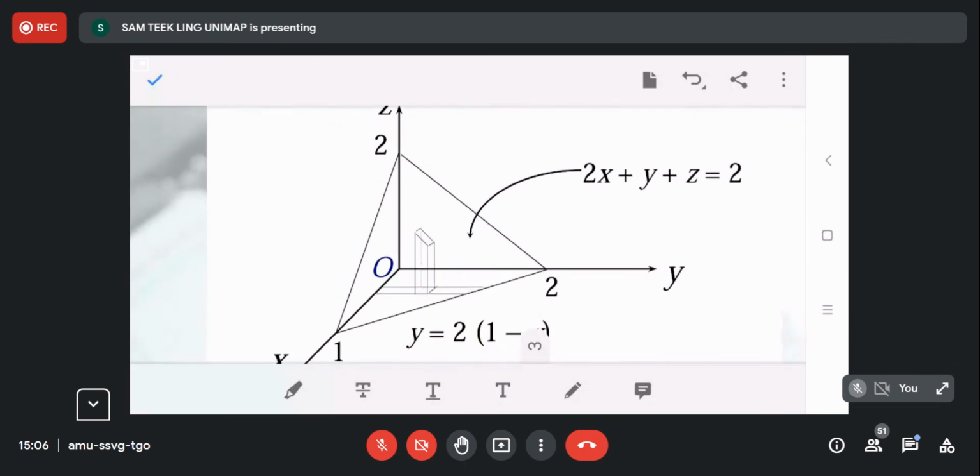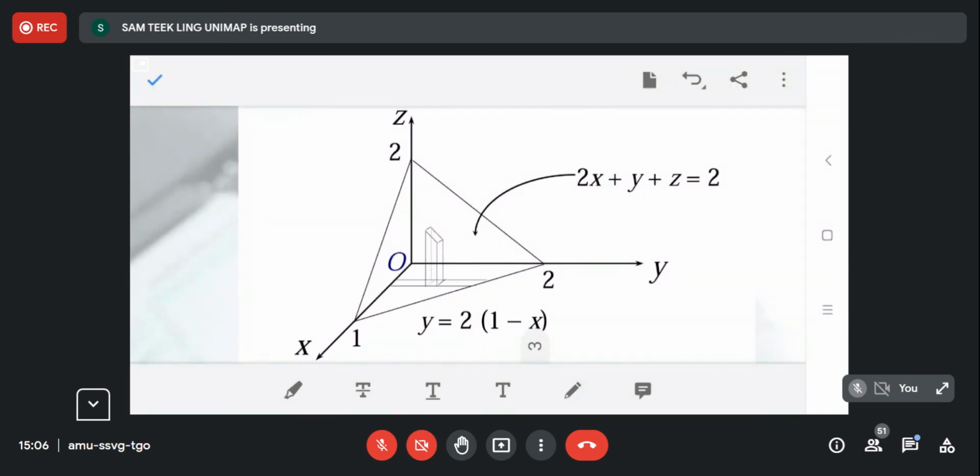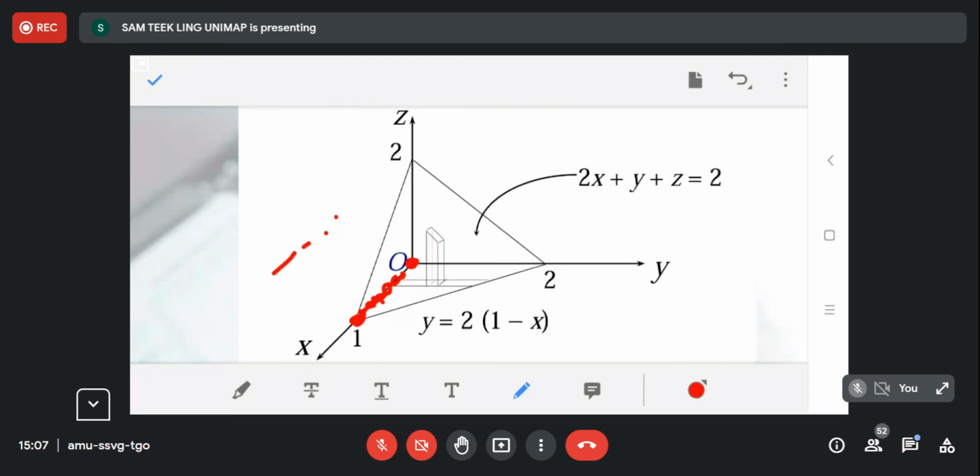First one is the line integral for your x, from 0 to 1. For the line integral, you connect all these dots, dot, dot, dot, dot, and they will become one line.